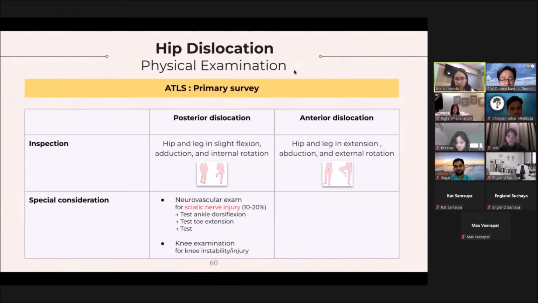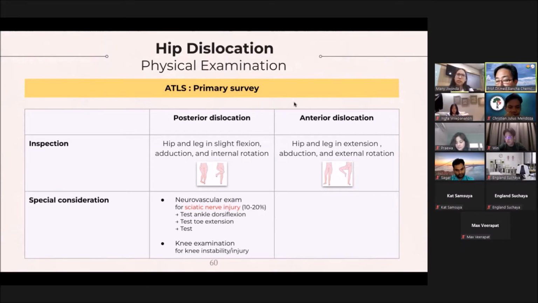So what is the nerve at risk in posterior dislocation? The structure that may be damaged? The sciatic nerve, right? So how to test it? For motor, I listed it here: ankle dorsiflexion and toe extension, because the sciatic nerve branches into the common peroneal nerve.